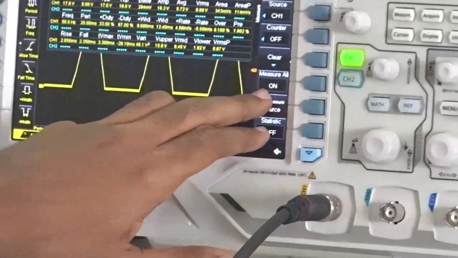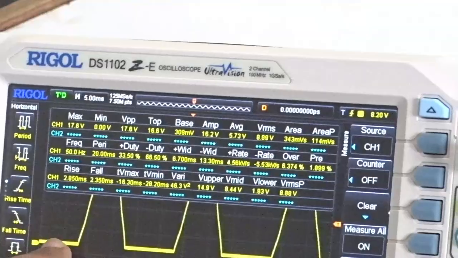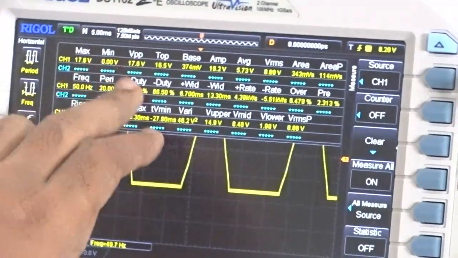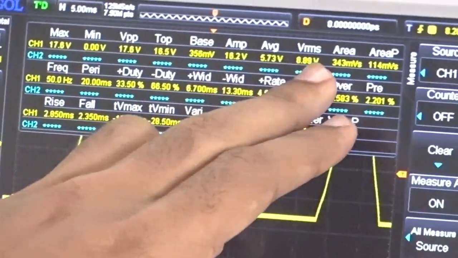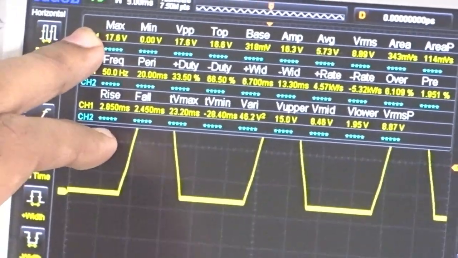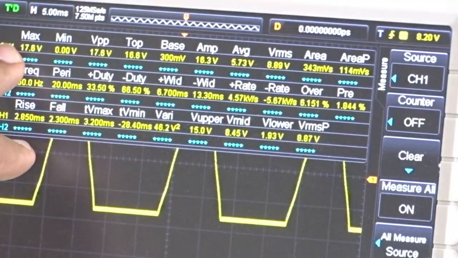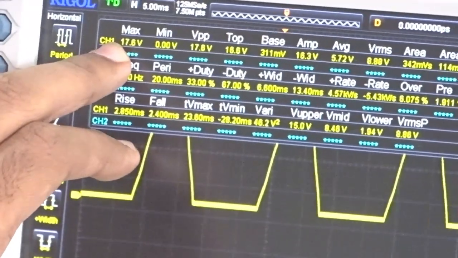The measure button is on, and you can get various values here, for example maximum voltage, minimum voltage, peak to peak voltage, RMS voltage, and average voltage. The main value required for finding the RMS value is the maximum voltage, which is Vm.